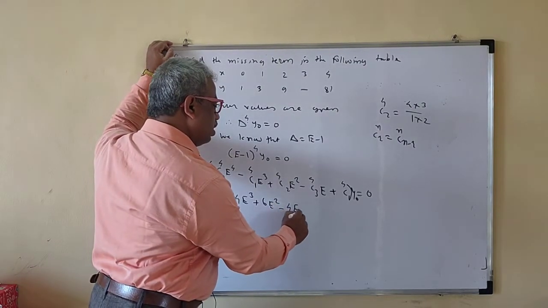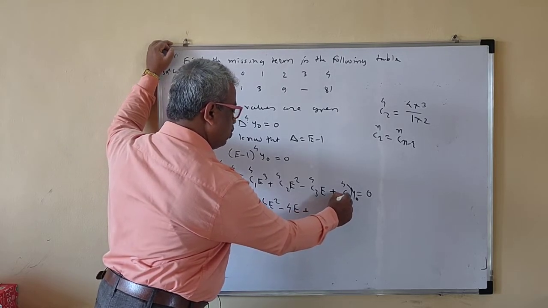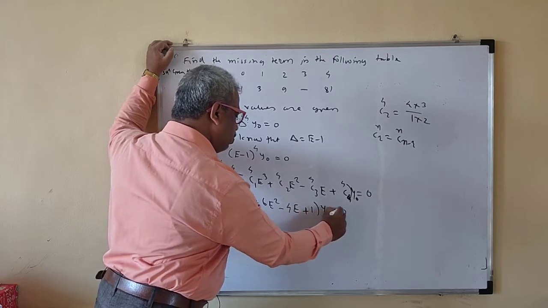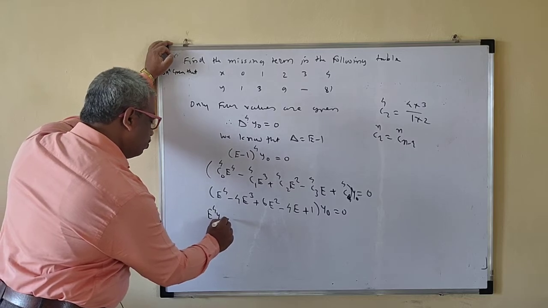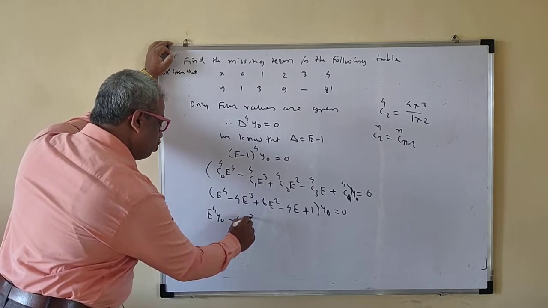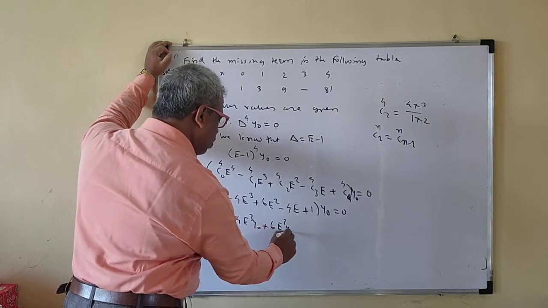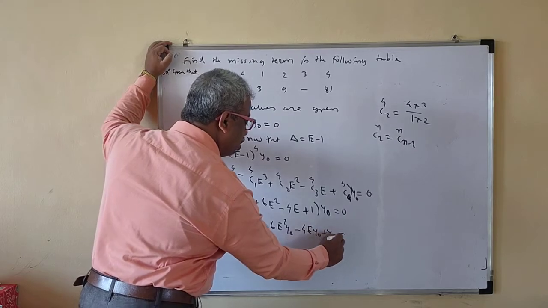So this is E, and 4c4 is 1. So E to the power 4 y naught minus 4 E to the power cube y naught plus 6 E square y naught minus 4 E y naught plus y naught is equal to 0.